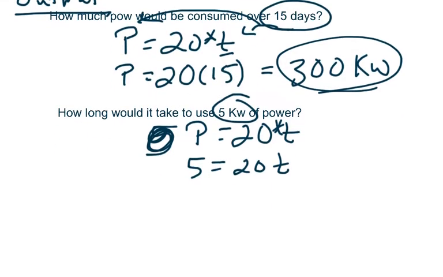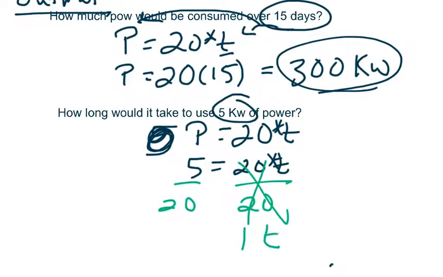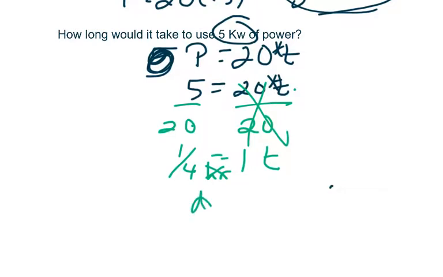And then to get T all by itself, since we are multiplying right here, we have to do the opposite, which means we have to divide both sides. So we divide both sides. The 20s go to 1T. And then you have this fraction, 5 over 20. And if you reduce it, you get a nice, neat fraction of 1/4. And since we're talking about time, we don't want hours, we want 1/4 days, because our time is in days.